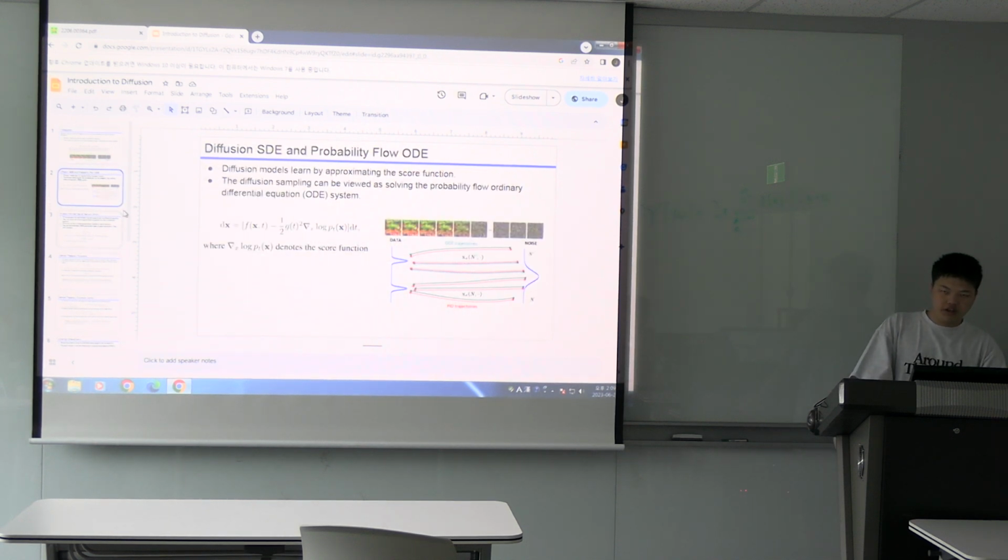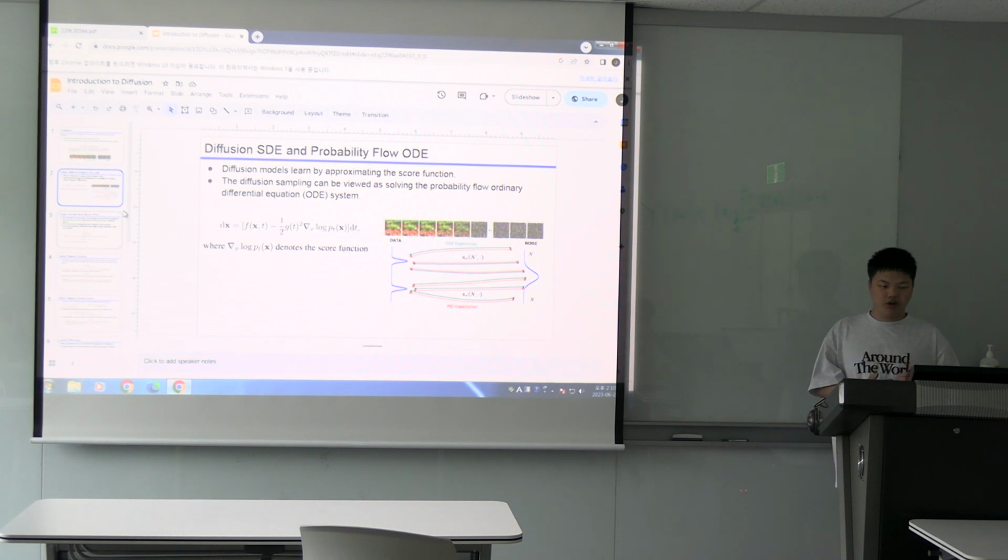This is proven, I think, in a paper called Score-Based Generative Modeling something something. In that paper they relate the SDE to the ODE. They prove that the marginal distribution p_t(x) generated by the SDE is equivalent to the marginal distribution generated by the ODE.